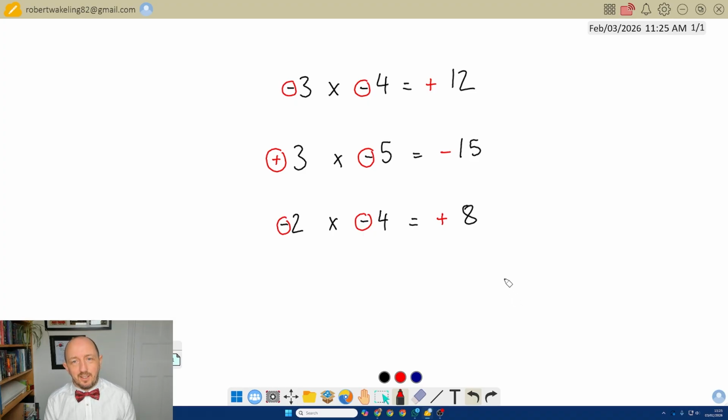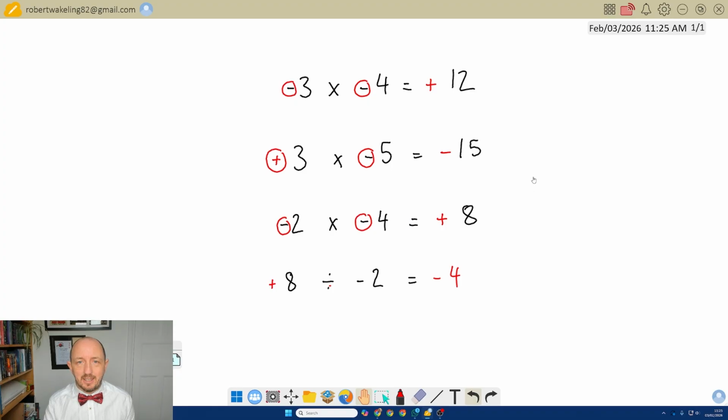So when we're multiplying, and if this was a divide, it would be the same thing, like 8 divided by minus 2. Ignore the signs. 8 divided by 2 equals 4. And then a plus divided by a minus is a minus. So it's the same rules with times and divide. We just go plus and a minus and a minus. Okay?